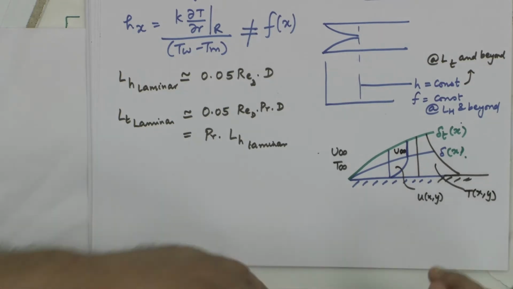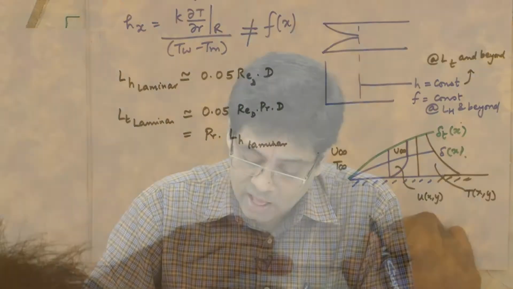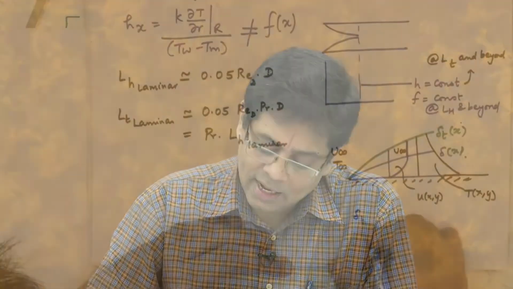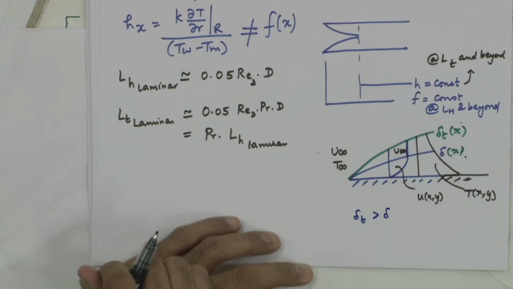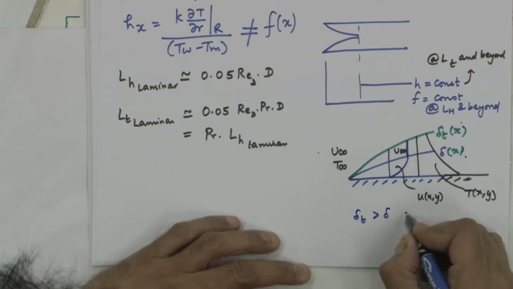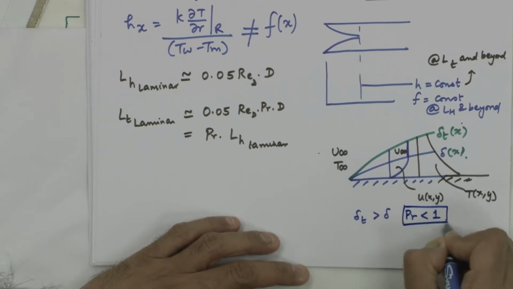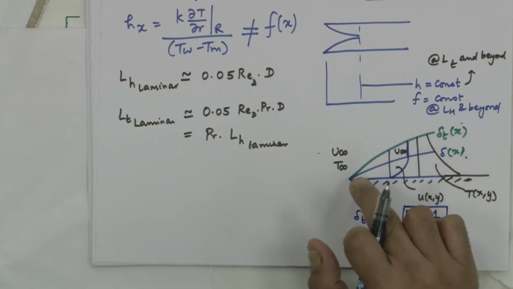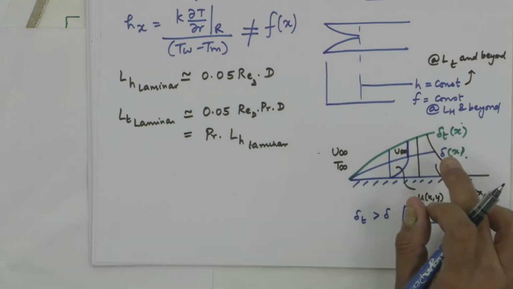Okay. We have seen how the regions are going to get separated, and what is this case? This is the case where delta T is greater than delta. What does it mean? Prandtl number is less than 1. So, you are seeing, right. So, the delta T is going to grow at a faster rate. What does it mean?